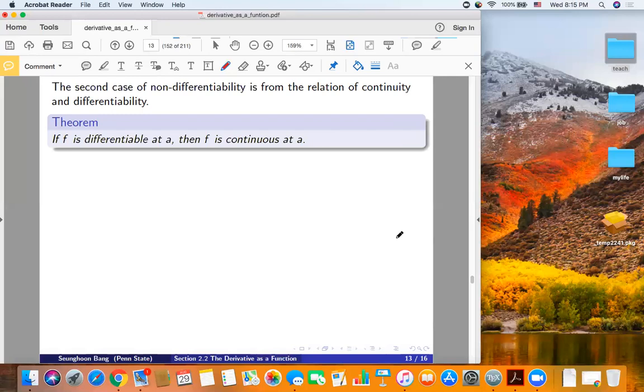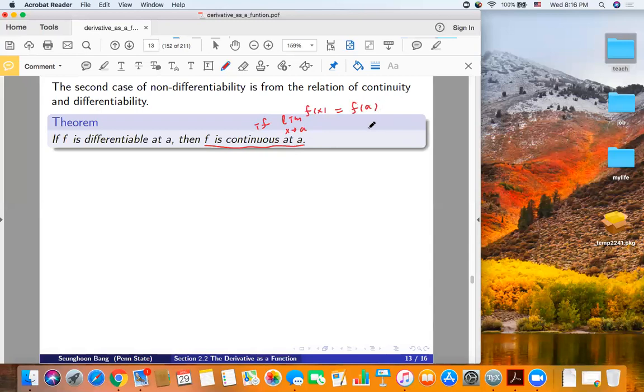This is the theorem. Do you know the definition of a continuous function? The definition of continuity is the limit of f of x as x approaches a is exactly the same as f of a.